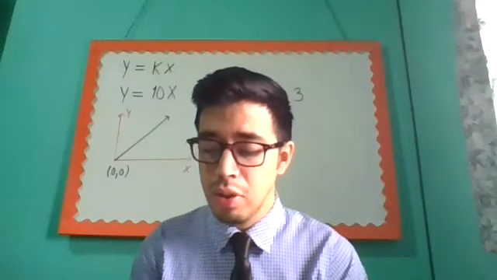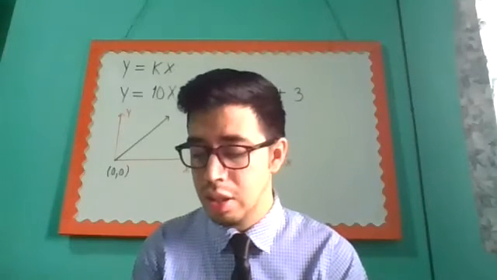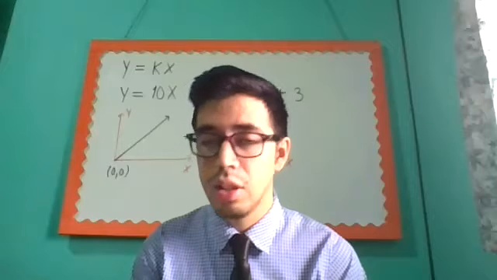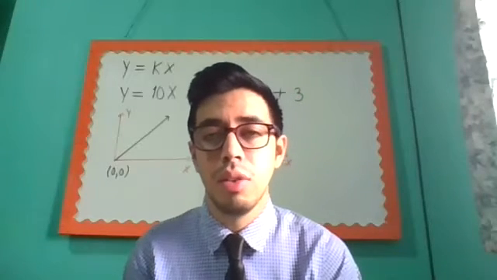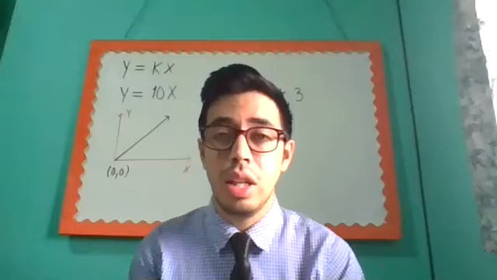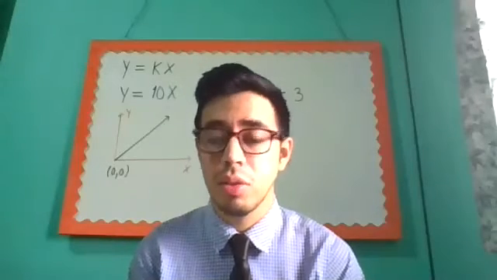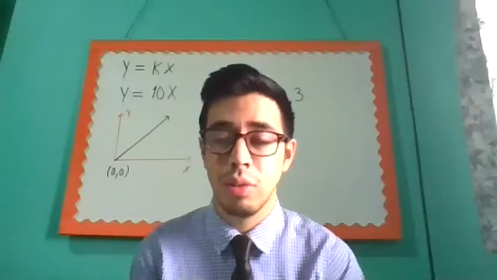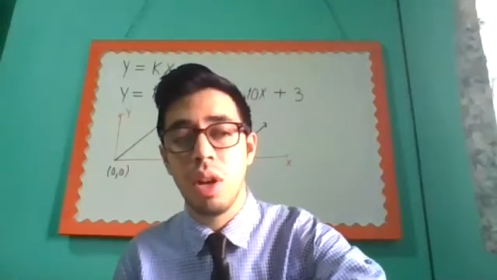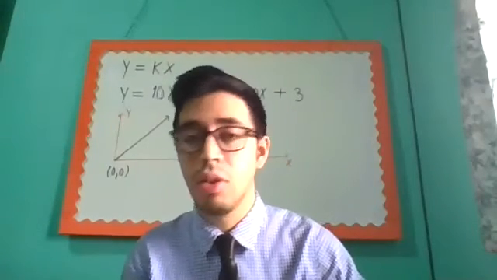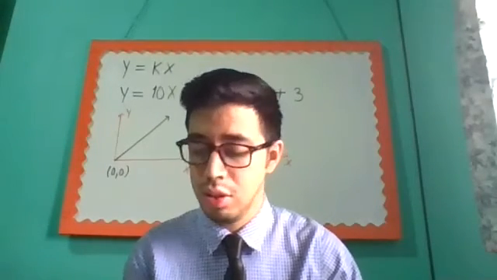So what does the point 0, 0 represent in this situation? 0 cups of flour and 0 cookies. So this baker is not cooking yet, because if he uses 0 cups of flour, he's going to have 0 cookies.